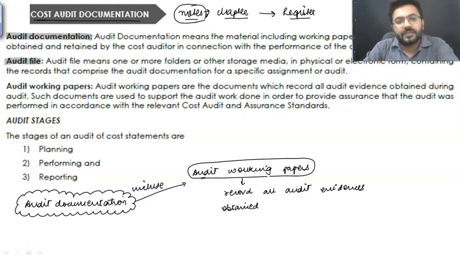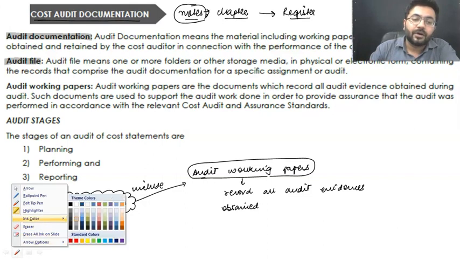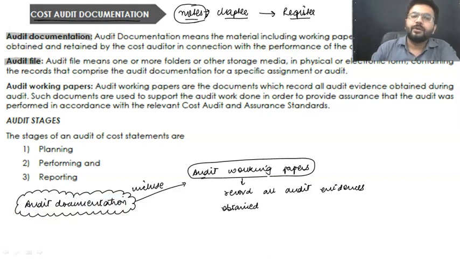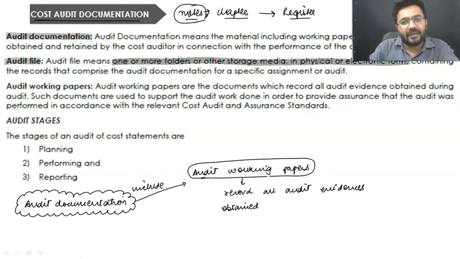Or there are certain kinds of students who prefer things in PDF format or in soft copies. So you must be making a folder for a particular subject where you will be getting a lot of classes. Just like that, an audit file means one or more folders or other storage media that can be in any form, in physical format, in the form of registers, or soft copies as well, like PDF files or Word files.